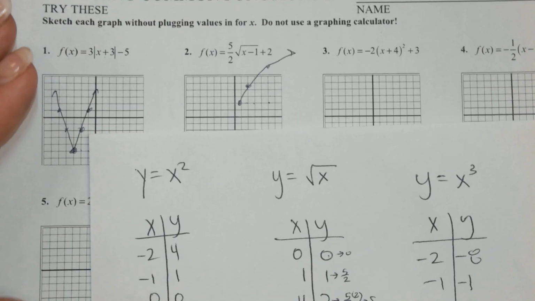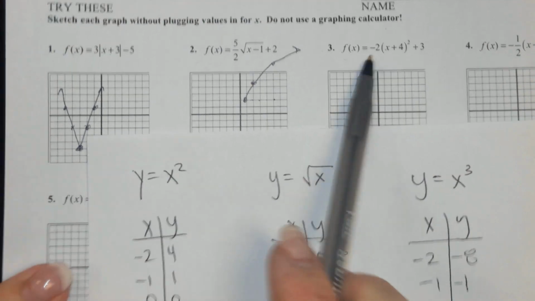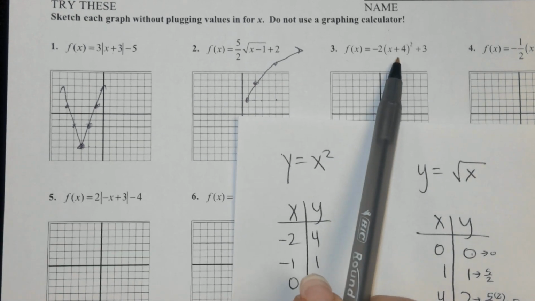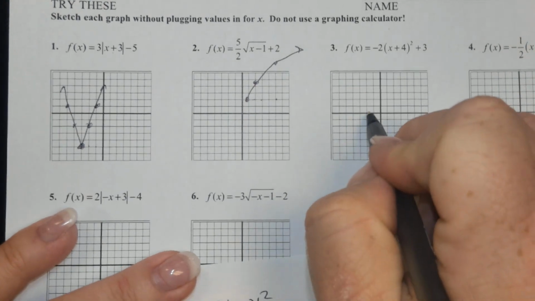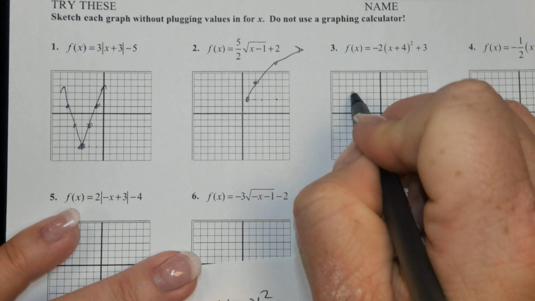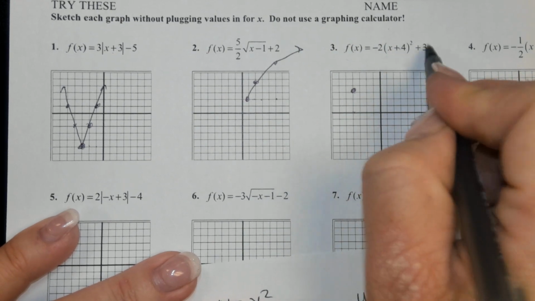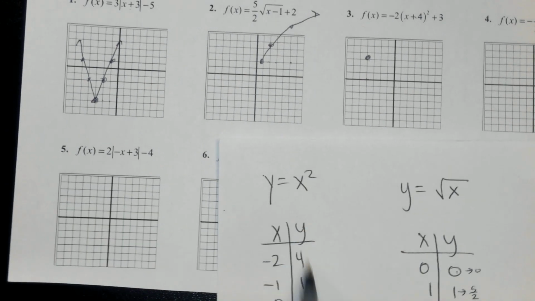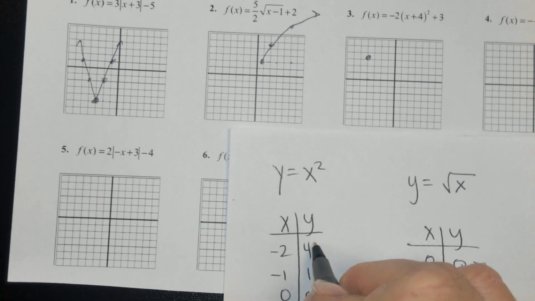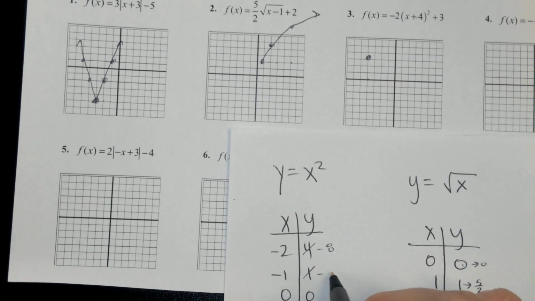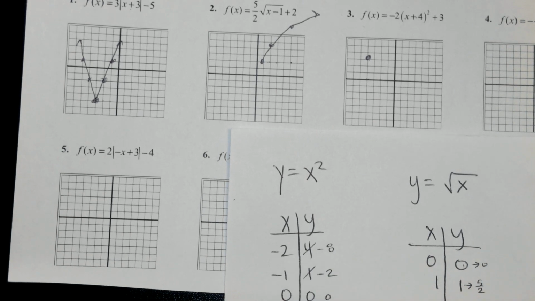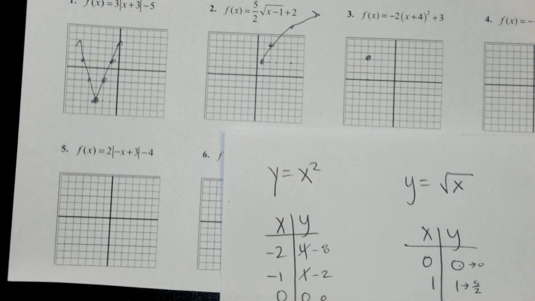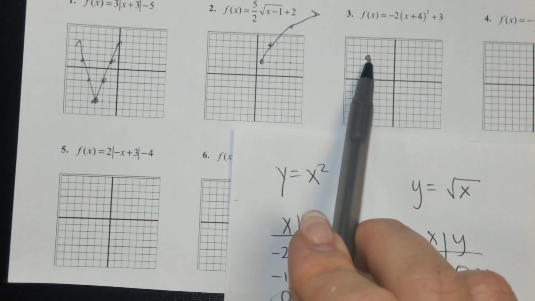Let's look right now at number 3. What is the basic parent function? It is x squared. I'm going to move to the left 4 and up 3. So I've taken care of these two. Now whatever is stuck in front of it needs to be multiplied by the y's. So I'm going to take this times -2. So this right here is this point.